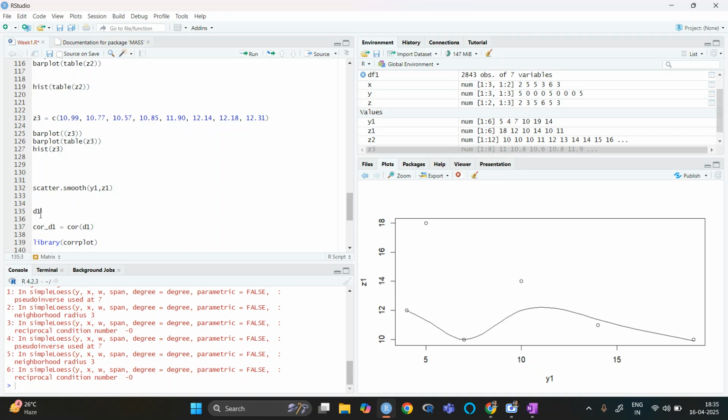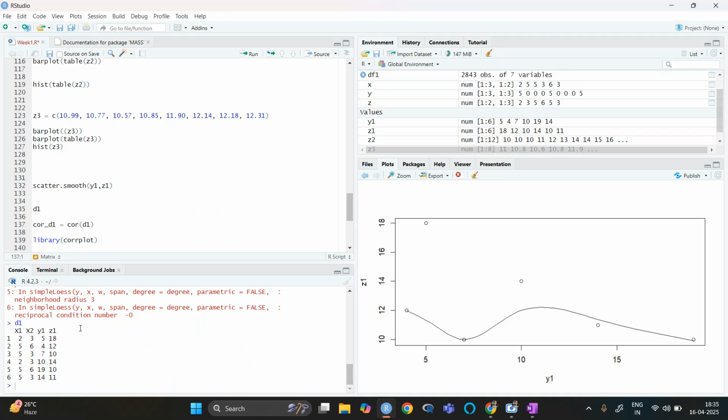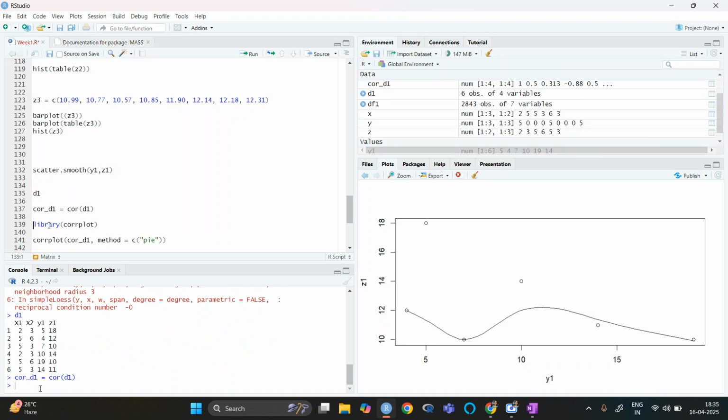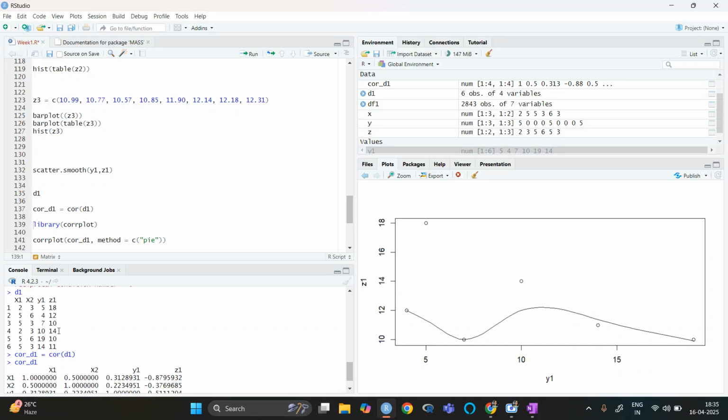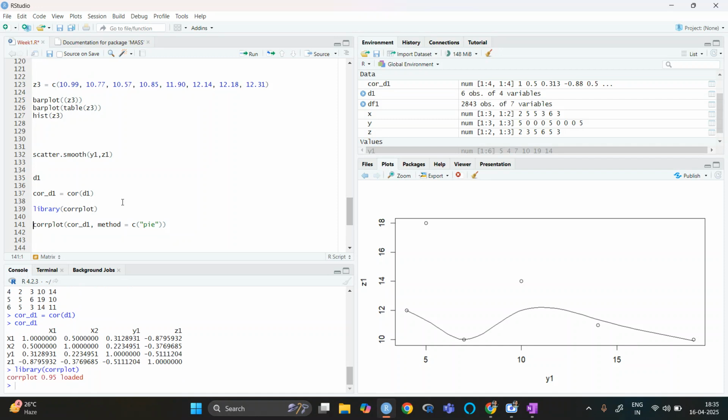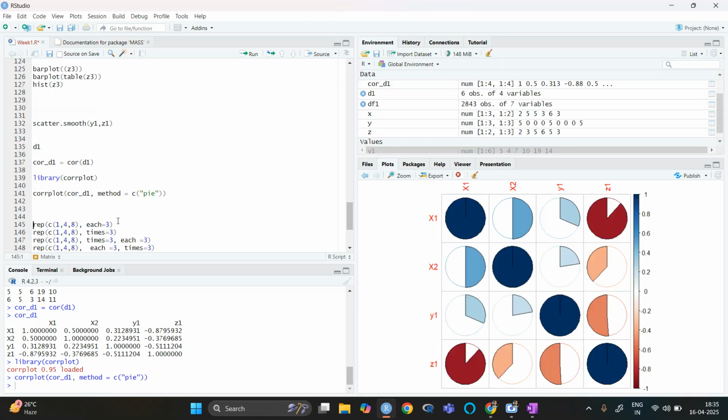Okay. The next is that if you have a data frame and you want to find the correlation between its values, you can have this table. What you can have more is that you can use the library corrplot, and you can have these correlation plots.